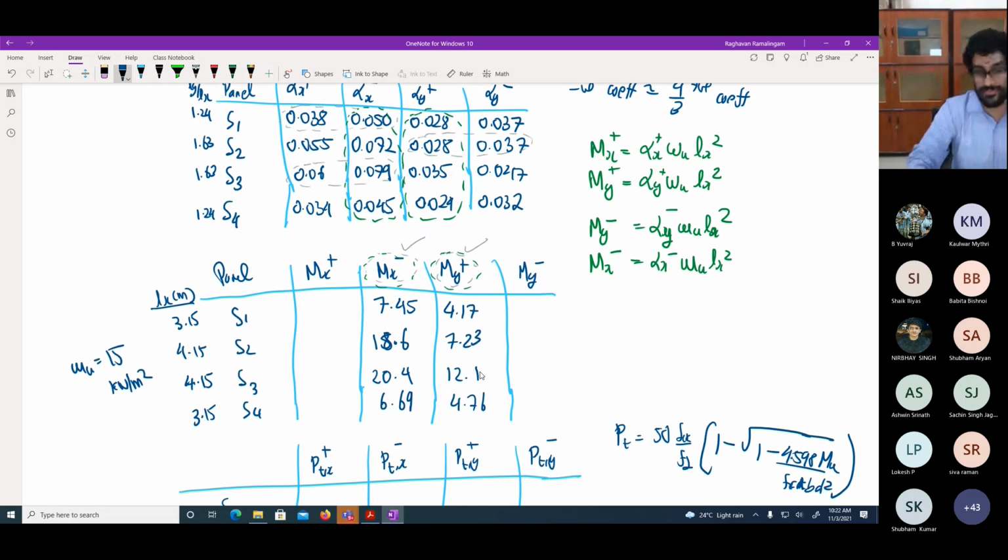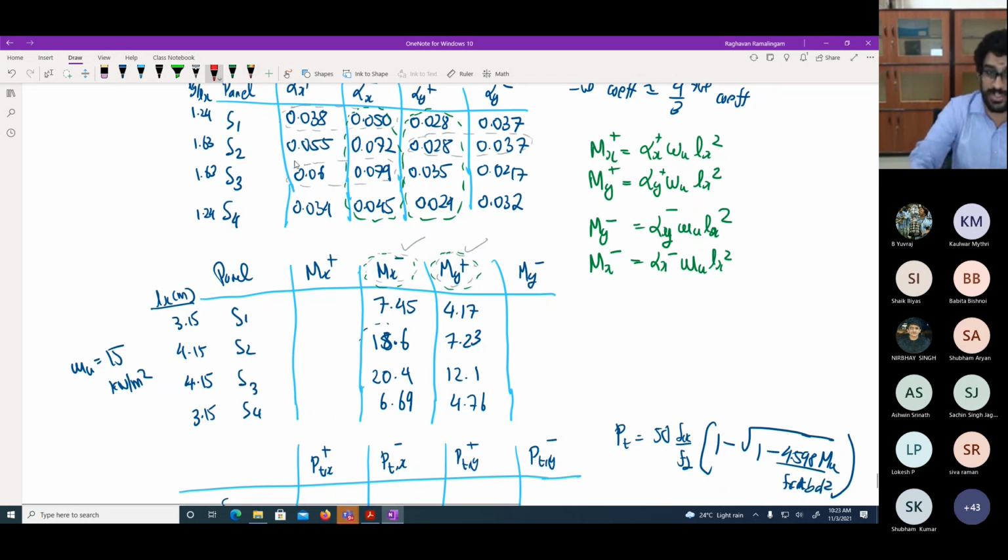Okay, fine. So these are the values of maximum X negative and maximum Y positive moments. Actually speaking, you will have to find out all these values because you will need to find what reinforcement for positive X direction, negative X direction, positive Y direction, and negative Y direction is to be provided. Only if you find all these cases, you will be able to pick the maximum moment of each case.